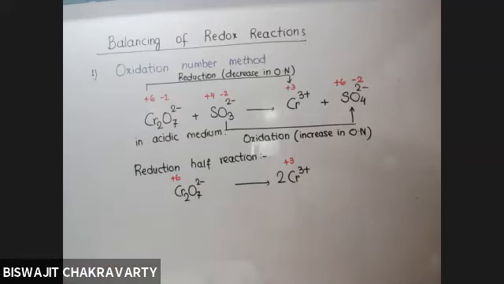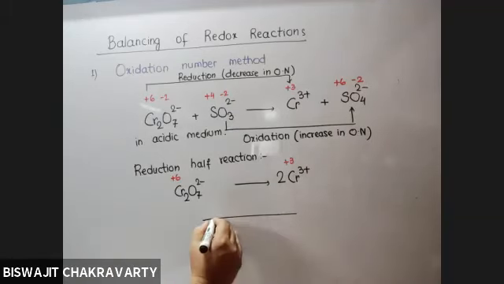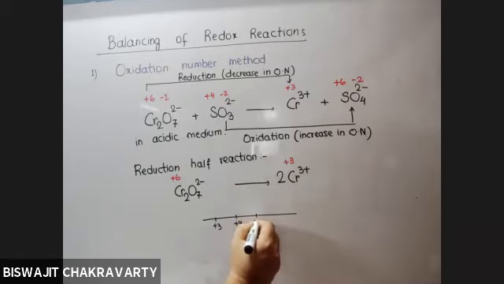We always write the oxidation number of a single atom. So for each chromium the oxidation state changes from +6 to +3. That means there is a change of how many electrons? 3 electrons, or not? Yes, sir. 3, because on the number line this is +3, this is +4, this is +5, this is +6, isn't it?